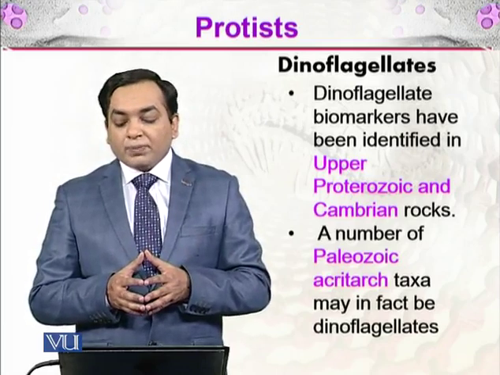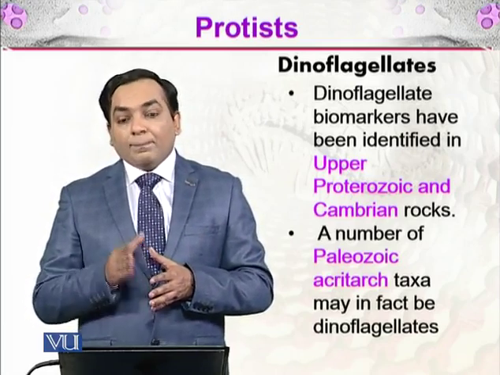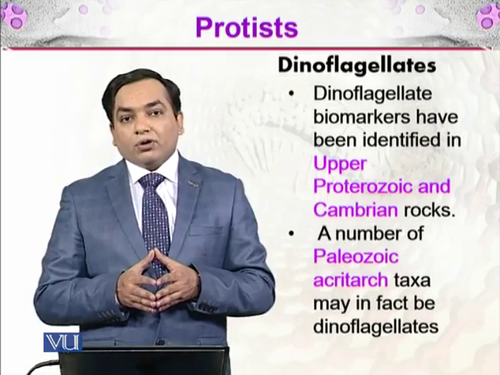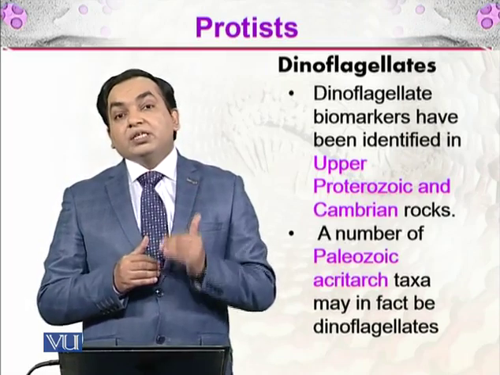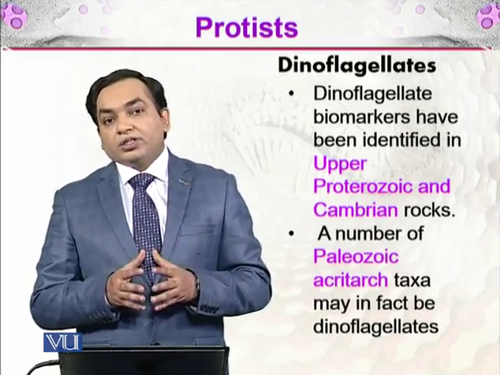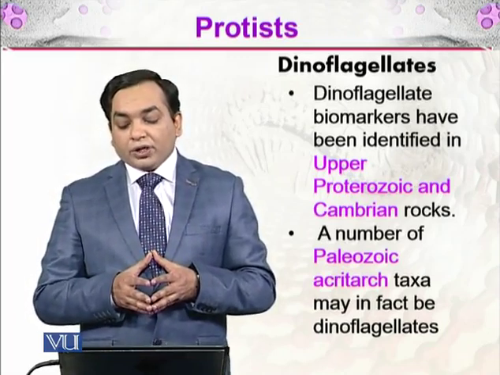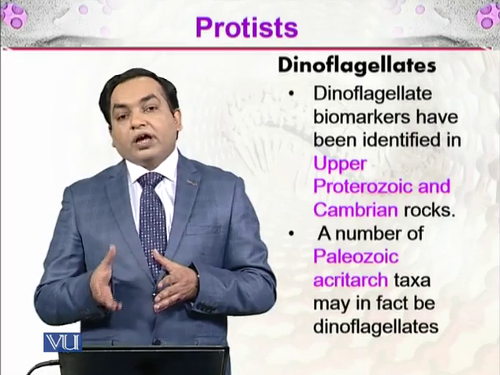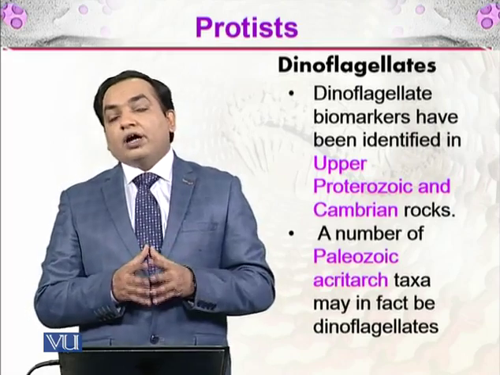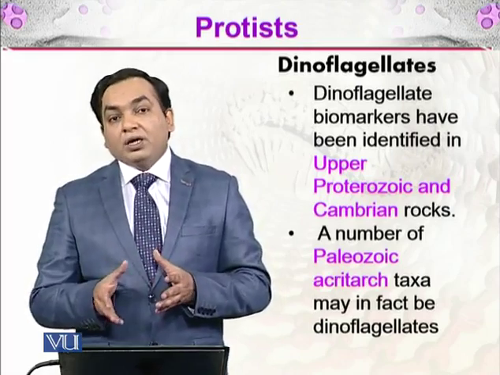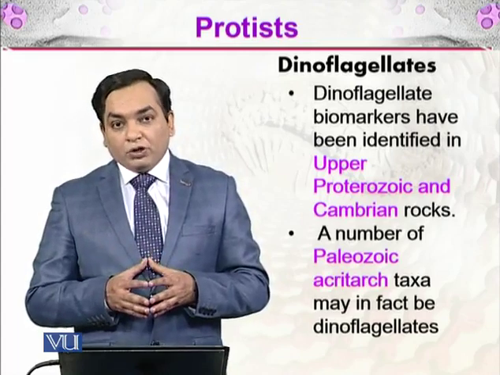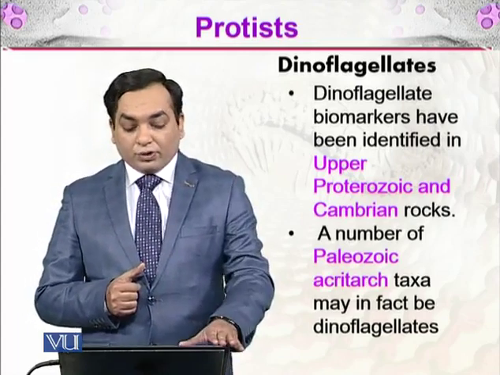Dinoflagellate biomarkers have been identified in upper Proterozoic and Cambrian rocks, so they were much more prevalent in these eras. A number of Paleozoic acritarch taxa may in fact be dinoflagellates, so some of the unidentified fossils found in the Paleozoic era may be dinoflagellates as well.